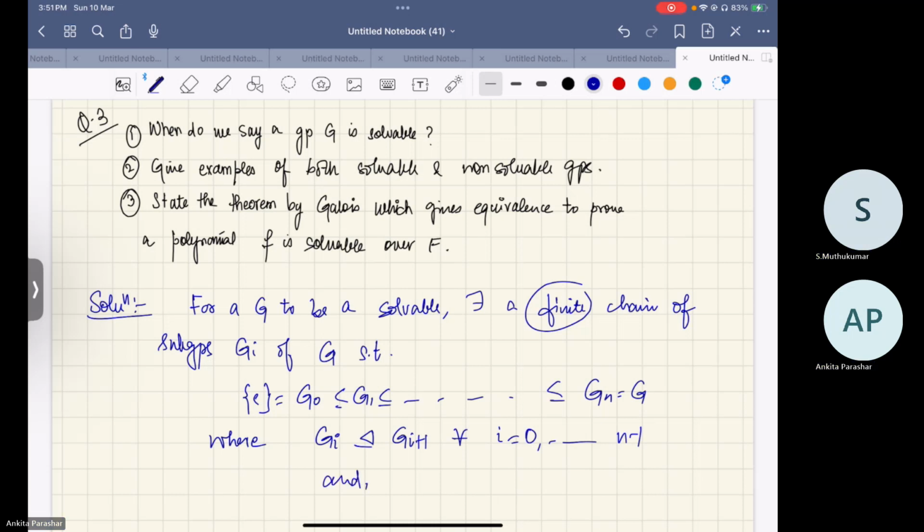And there is one more condition. Other than normality, what is it? Well, the group is to be solvable, not the element.